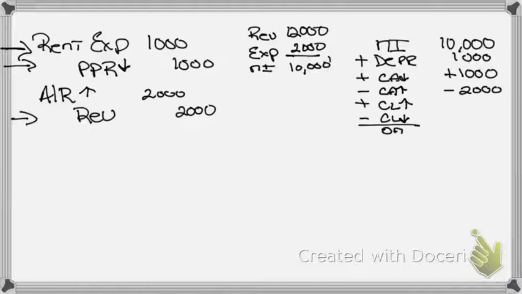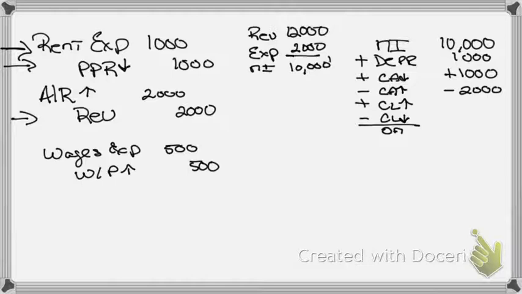Same thing we can do on the liability side. So if a liability goes up, it could be wages expense, wages payable, $500. So wages payable is a liability and it's going up. We increased our expenses by $500, which made it look like we decreased our net income, but we did not spend any cash on those expenses.